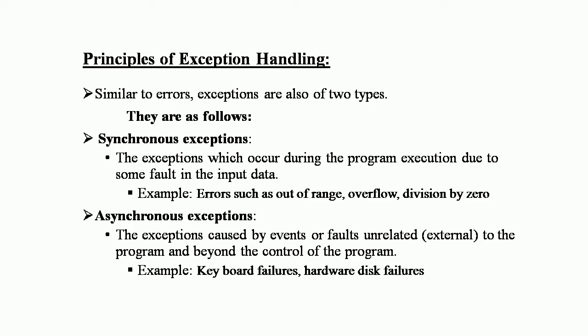Synchronous exceptions are those which occur during the program execution due to some fault in the input data. Examples: errors such as out of range, overflow, division by zero, etc.